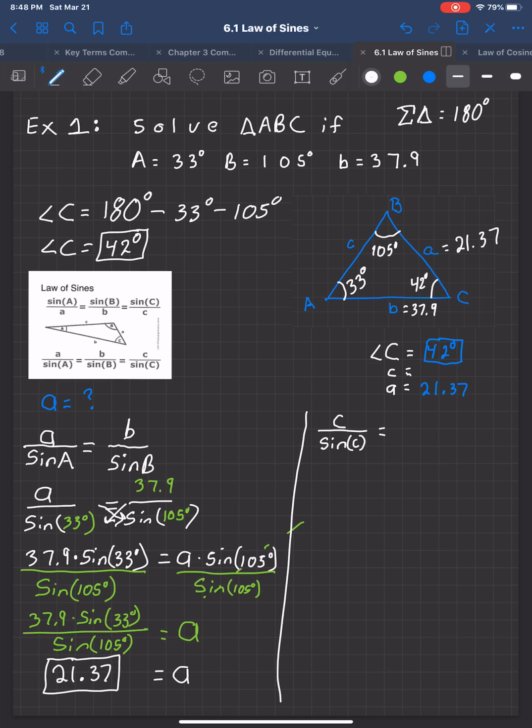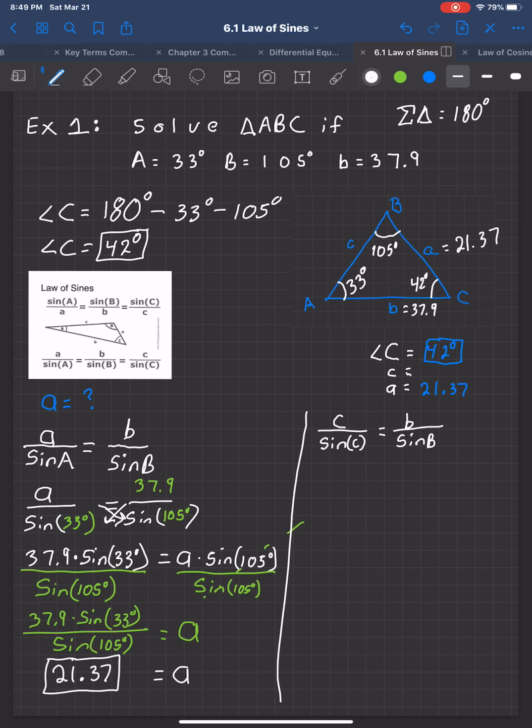This is hard for a lot of students, right? Because they really want the recipe. You put this much and you follow the directions perfectly. But it does not matter if you put A over sine of A or B over sine of B, because you have all the other information. So it's arbitrary. Now, I'm just going to use B over sine of B again.